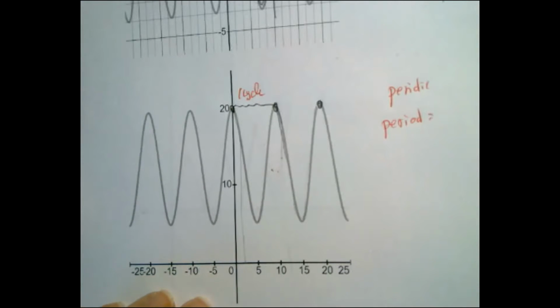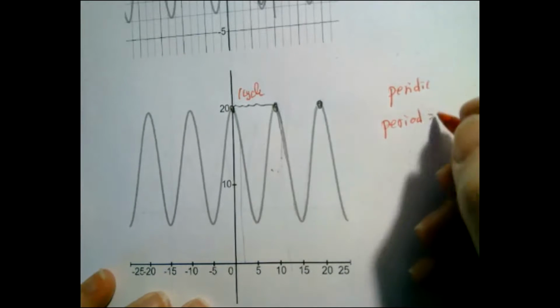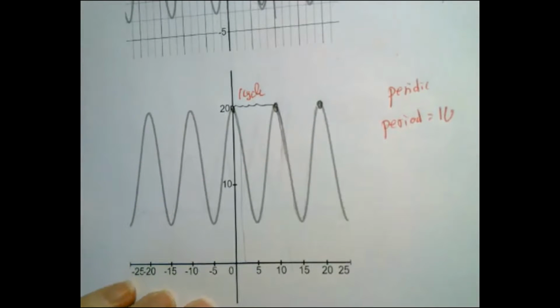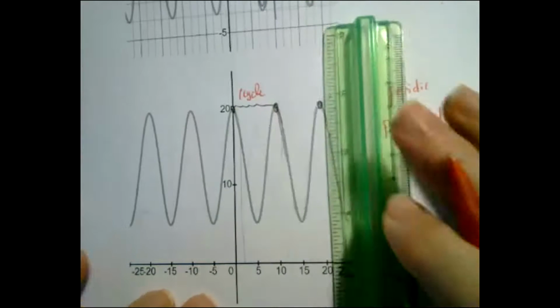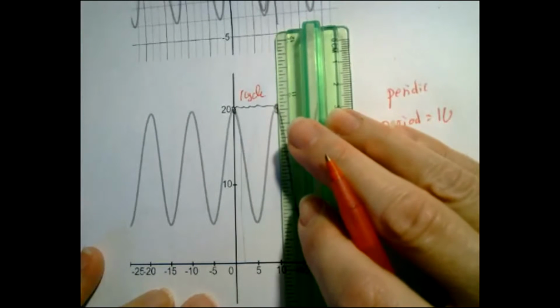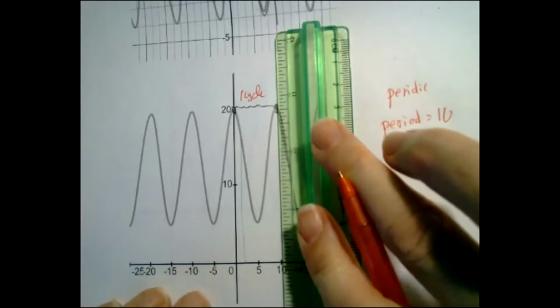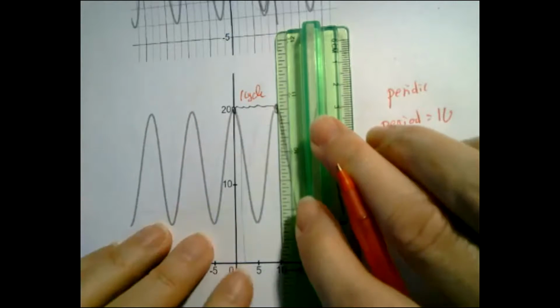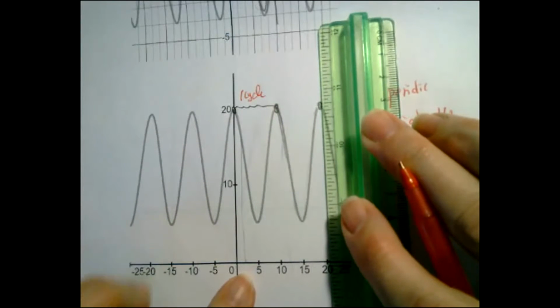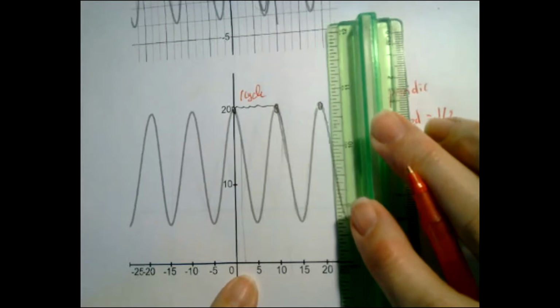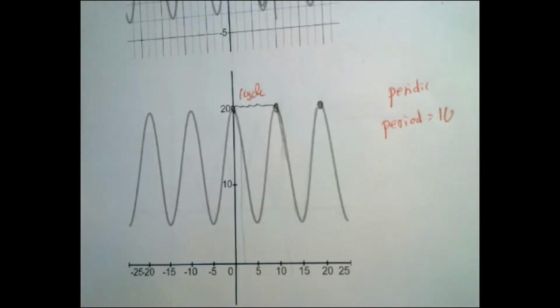How long does it take? 10. The period is equal to 10. We can take a ruler, from here to here, that's 10. That's a cycle. That's really what the period is, how long it takes to start repeating itself.